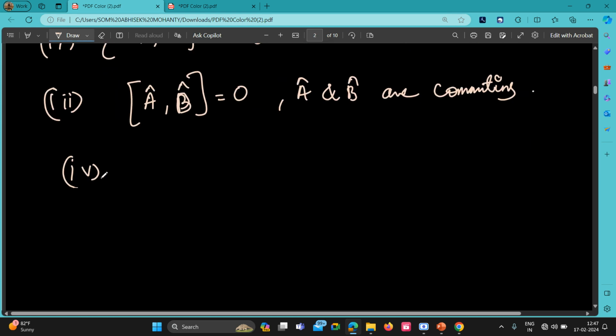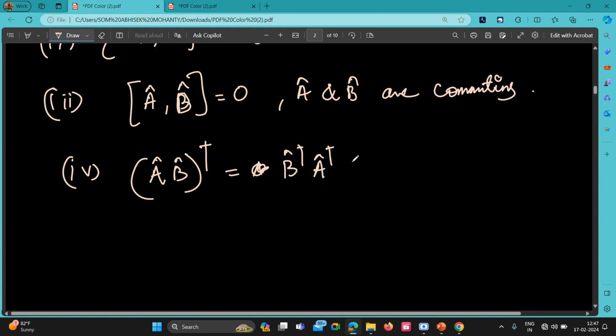If it is not Hermitian, the dagger of AB will be B dagger A dagger.